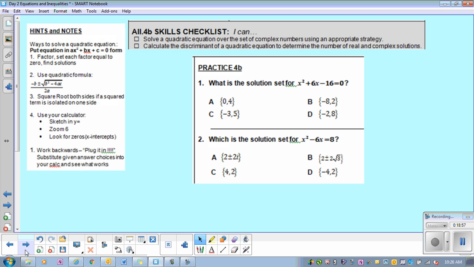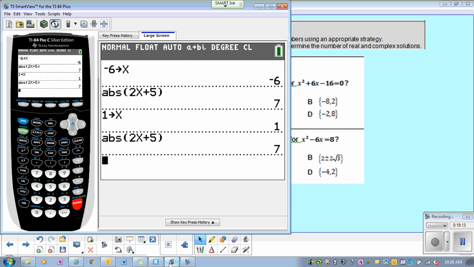So if I look at number 1, all of my answer choices actually look pretty good. They're all integers, right? Not fractions, no decimals, no radicals. This is good, right? Put it in the calculator. Let's graph this.